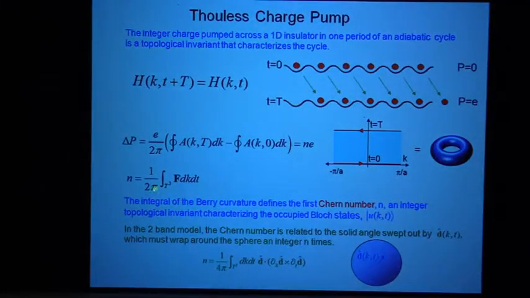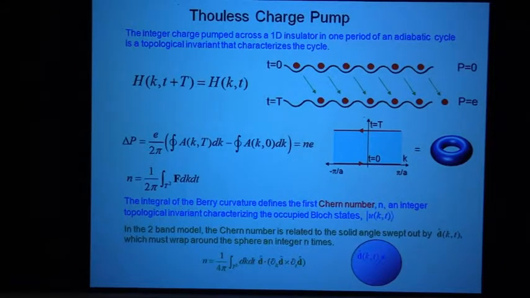Okay, so this integral of the flux over the entire surface, where now since this line and this line are really the same, I can think of this entire space as being like the surface of a donut. Okay, it's like a torus. Okay, and so the integral of this Berry curvature over the entire torus is guaranteed to be an integer. Okay, and this integer is the Chern number.